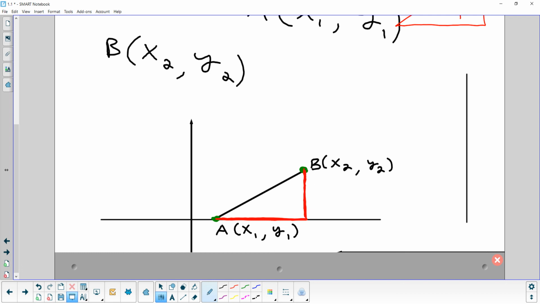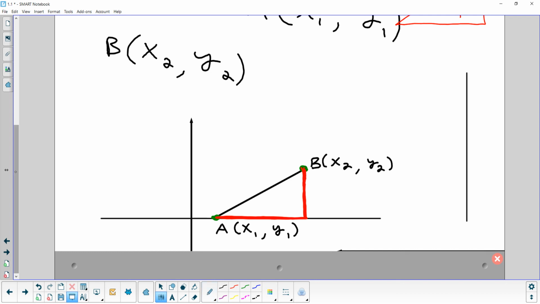This is easy to find. In a triangle, if you know two sides, the third one is easy to get. And that's the one that we want. Does anyone know the name of the theorem that you can use if you know two sides of a triangle to find the length of the third one? Peter? Pythagorean? Yeah, the Pythagorean theorem. Very good. So once we know this and we know this, we use the Pythagorean theorem, and that gets us what we really want to know. And that's the distance formula.